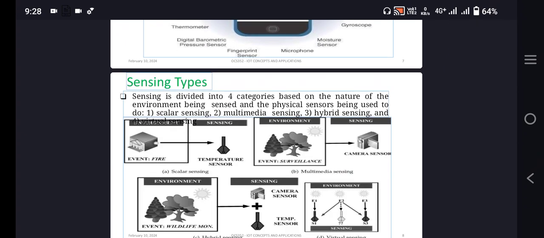The various sensing types are divided into 4 categories based on the nature of the environment being sensed and the physical sensors being used. The first one is scalar sensing, the second is multimedia sensing, the third is hybrid sensing, and the fourth is virtual sensing.